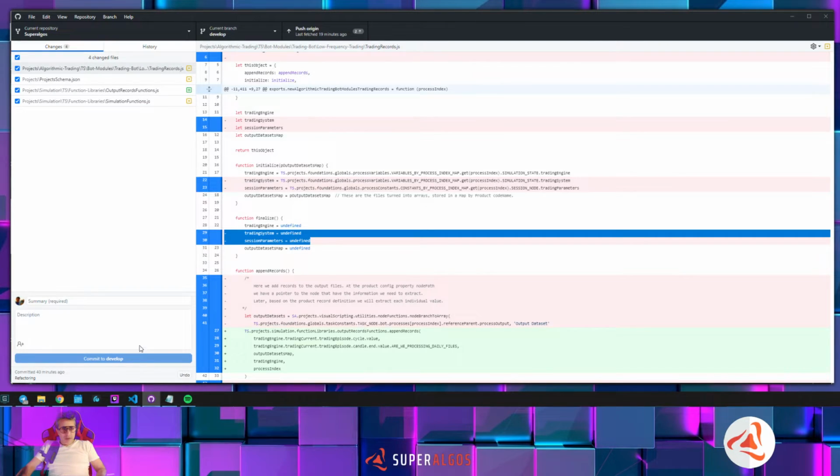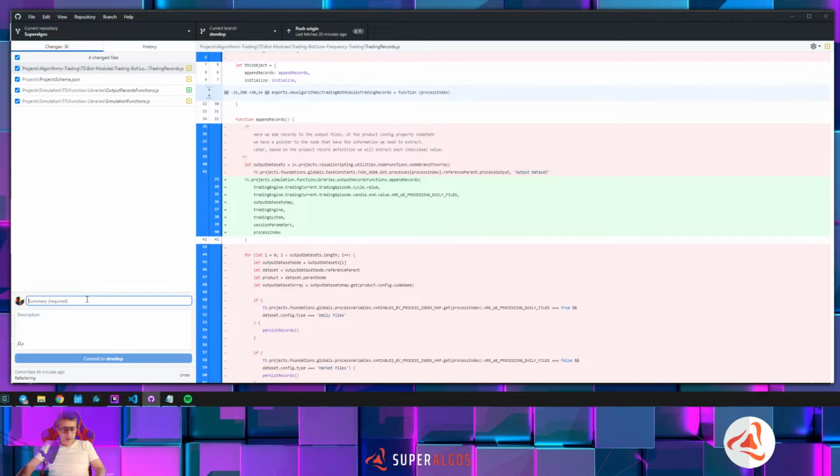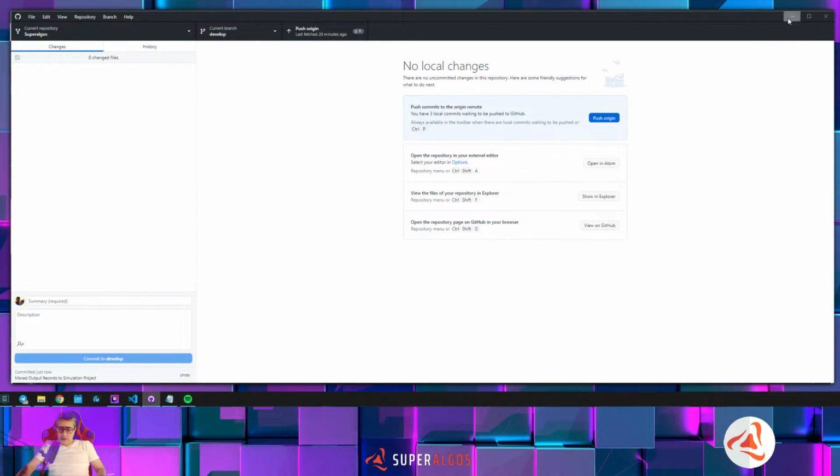So effectively, we have moved output record to simulation project. Okay, so we are good.